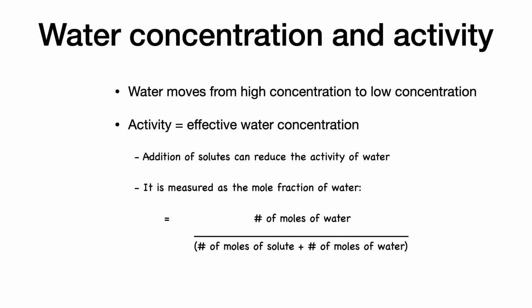I'll give an example of this in a future slide to show you exactly what I mean. In other words, as we add solutes, that's in the denominator, and that will decrease its activity. The more solutes that are added in solution, the lower the activity of the water.